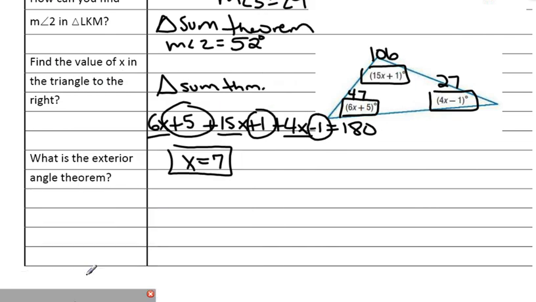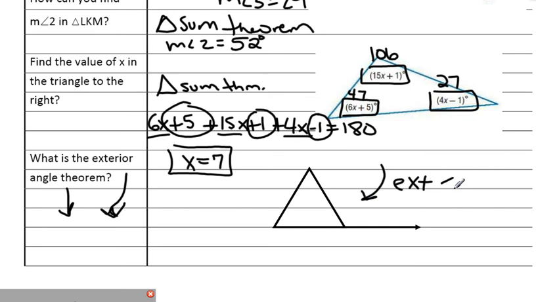All right, and the last theorem that we're going to learn about is the exterior angle theorem. I would probably move that down a little bit so it's not in the way of this one. And for the exterior angle theorem, let's go ahead and draw a triangle and then an exterior angle. An exterior angle is formed by extending a ray outside of the triangle, where this is the exterior angle.